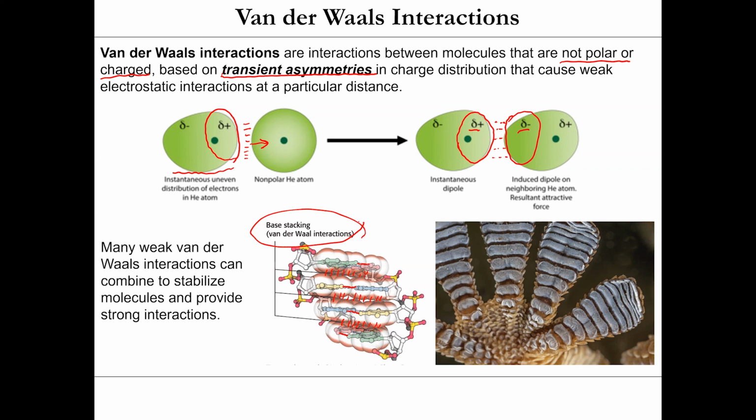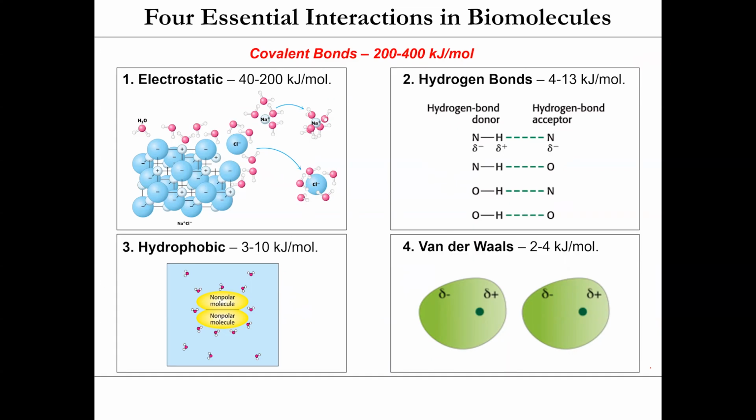And actually, the ability for animals like geckos to walk up walls is driven entirely by van der Waals interactions. So overall, you can see that there are 4 essential non-covalent interactions that are important to biochemistry and explain how different biomolecules are able to interact.